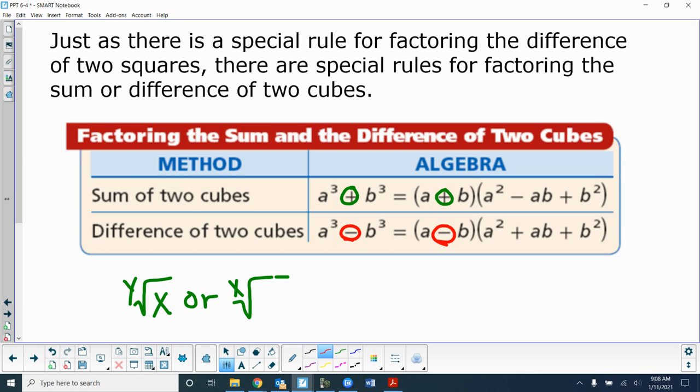So if that's a 4, then that's a 16. If this is an A squared, that's an A to the 4th. You just square it. If that's a 3A, then this is 9A squared. Okay? This symbol here and this symbol, these two are always opposite. So this middle one is always opposite of the original here.